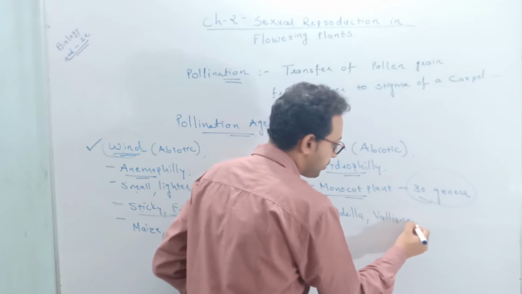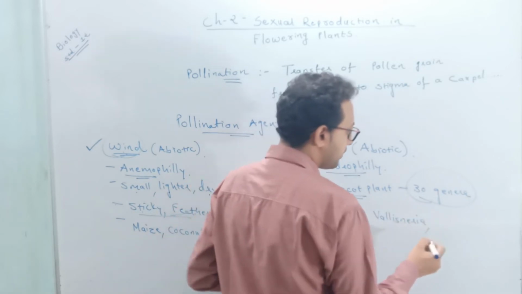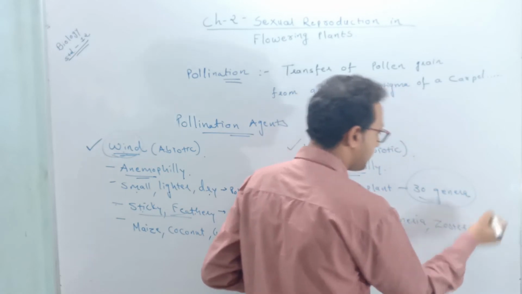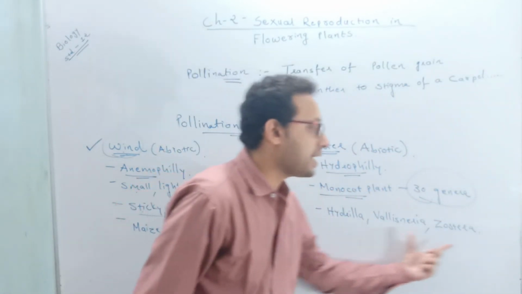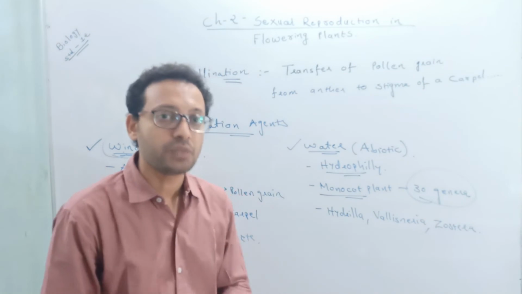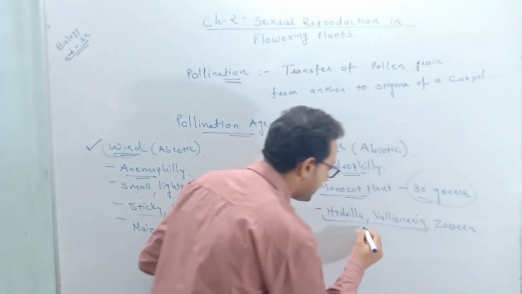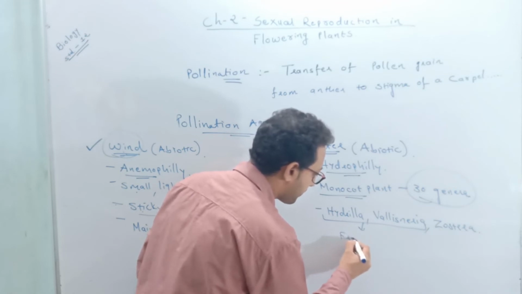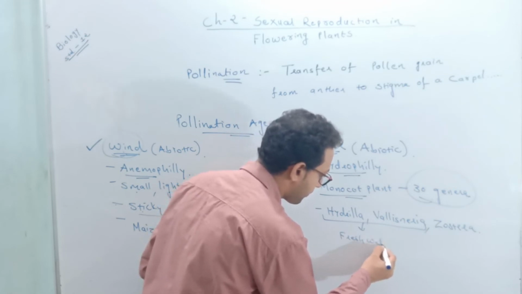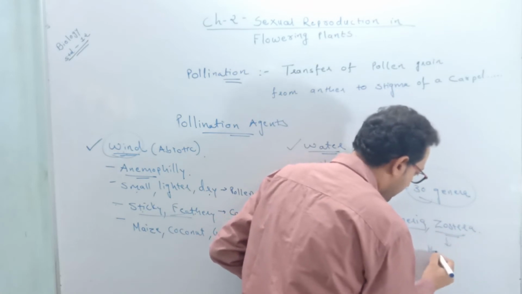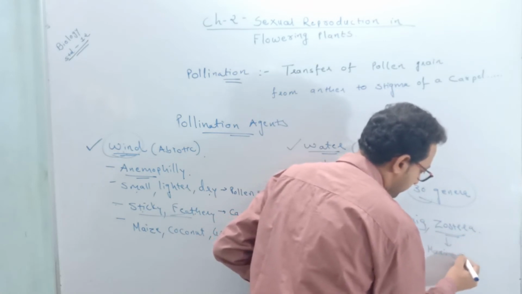It is also reported in Vallisneria and in Zostera. These are all aquatic plants, meaning plants which grow in water. Hydrilla and Vallisneria grow in fresh water, and Zostera grows in marine water, sea water.